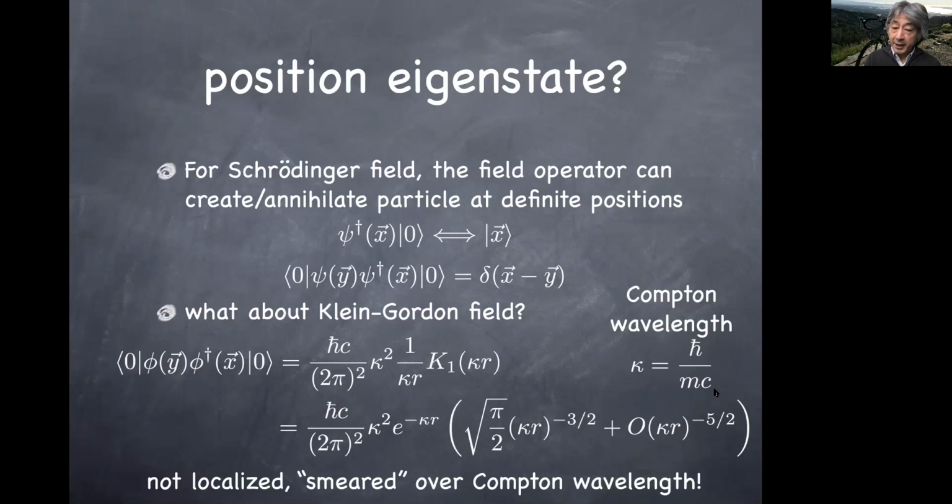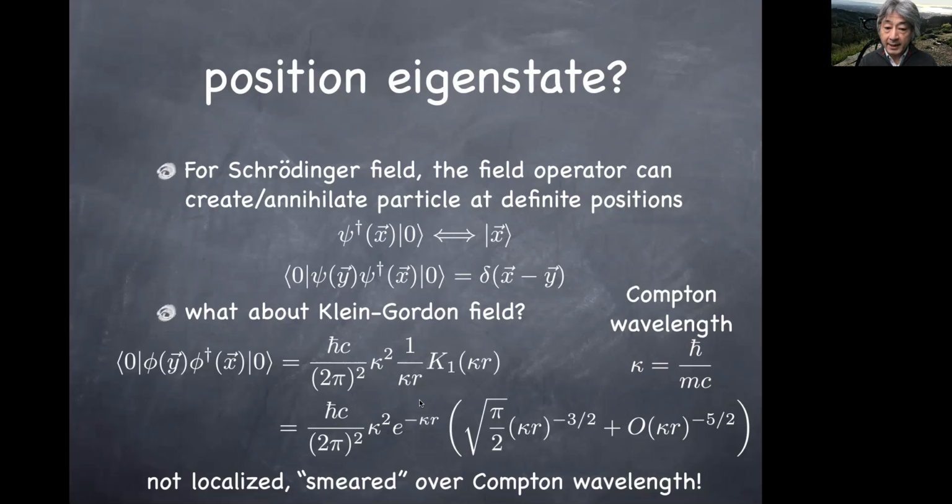Now, it's not a contradiction, because the non-relativistic limit is a world where the speed of light can be taken to be infinitely fast. If you do that, then the Compton wavelength goes to 0, so inverse κ goes to 0, and therefore κ goes to infinity.